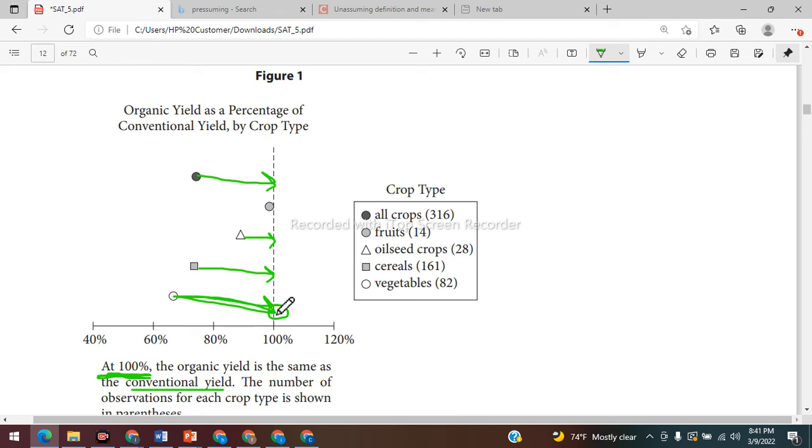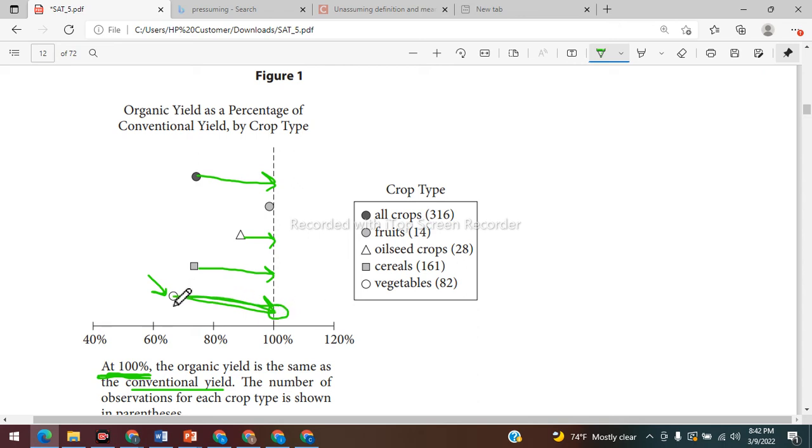All right. Does that help to clear it up? You say if what circle was there? Like if this circle was right here, that would mean that the same amount of vegetables we get for the organic is the same amount of vegetables that we get for the conventional. But that's not the case.